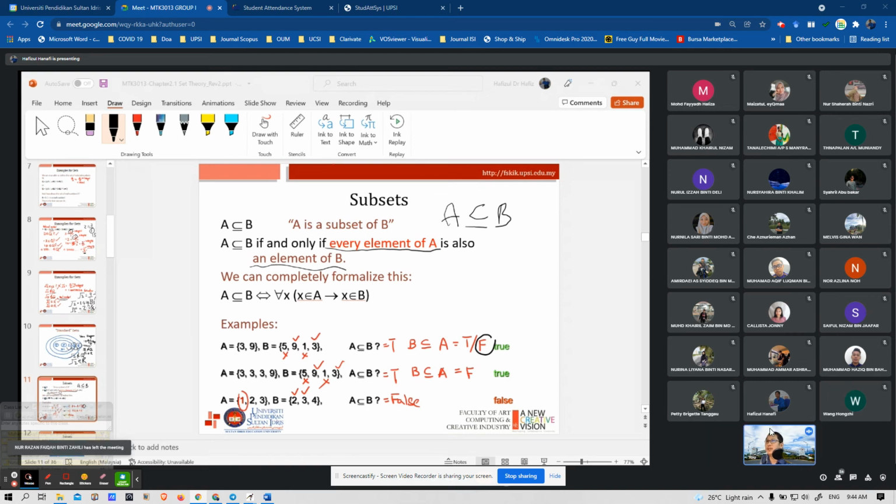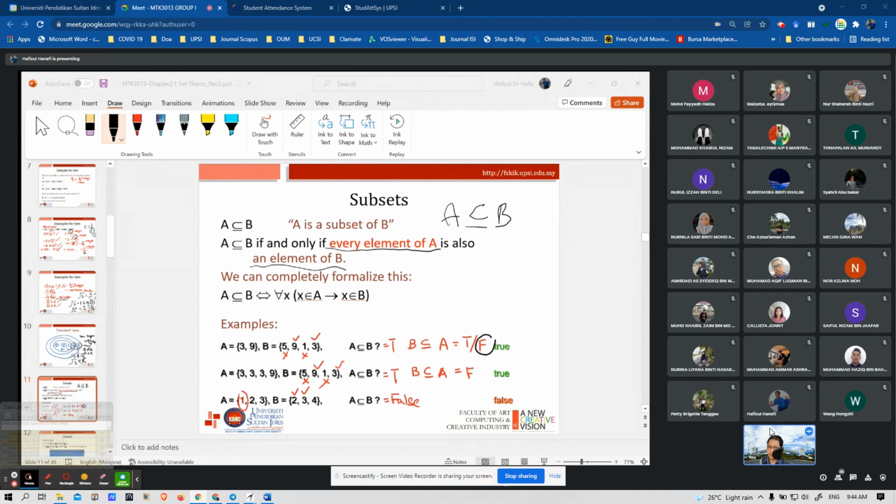We can formalize this as: A is a subset of B is equivalent to, for all x, x is a member of A implies that x is a member of B. Because every element of A is also an element of B, B is then a superset of A. It is possible for A and B to be equal.